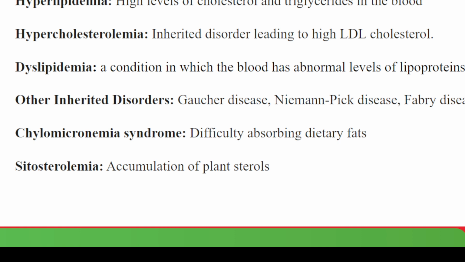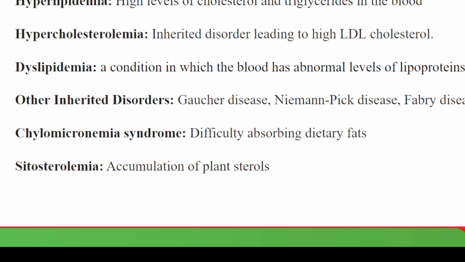Chylomicronemia syndrome is difficulty absorbing dietary fats, and this comes straight from the lipoprotein, the molecule that transports lipids called chylomicrons. If you have a factor that affects chylomicrons, we may not truly be able to absorb our dietary fat as much as we take it and it gets digested.